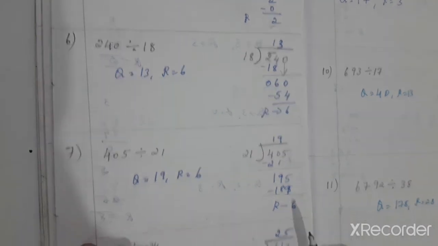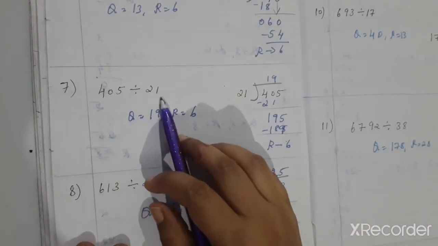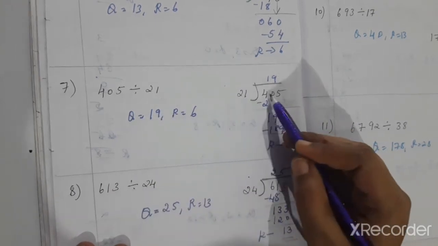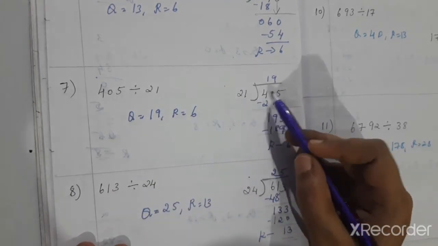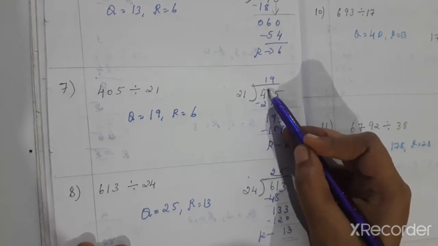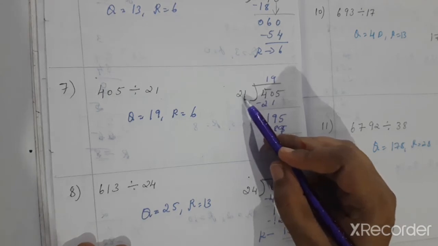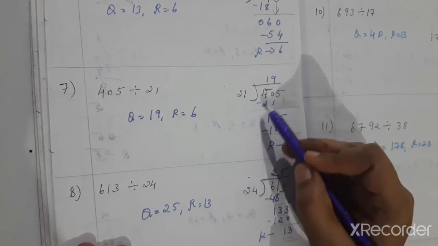Okay. Next, 7th one, 405 divided by 21. 21 here, divisor, and 405. Can we take only 4? No. 4 is less than 21, so we have to take a greater number.